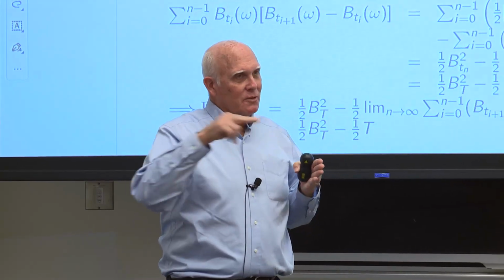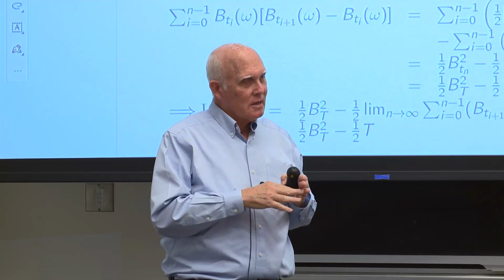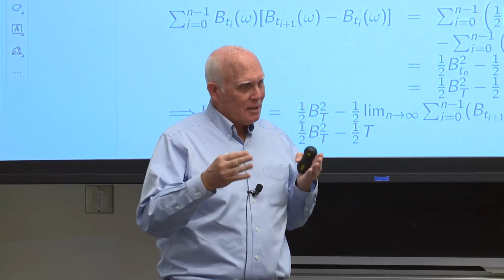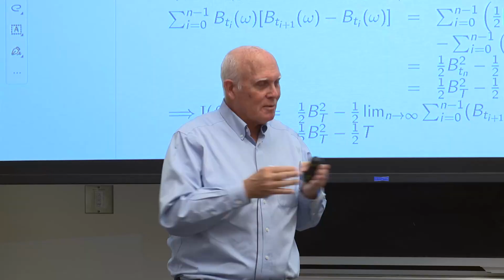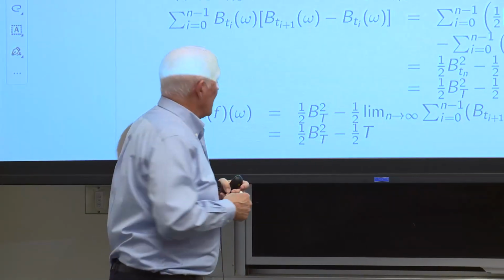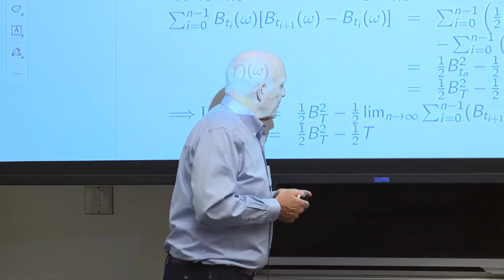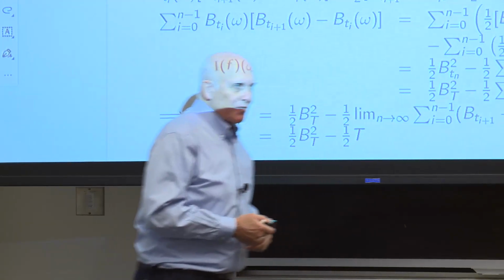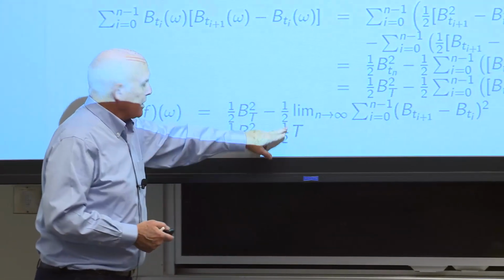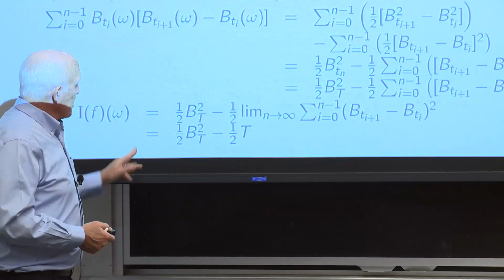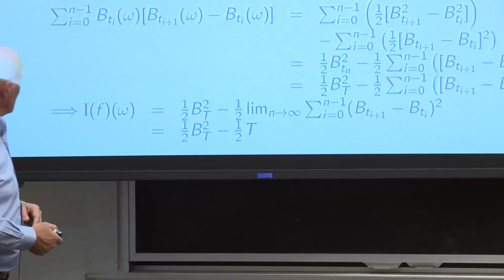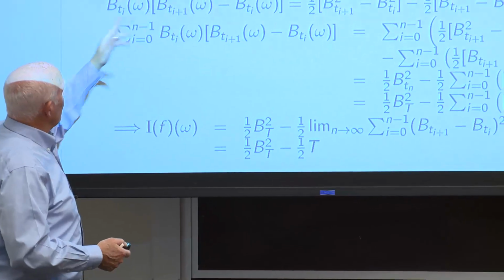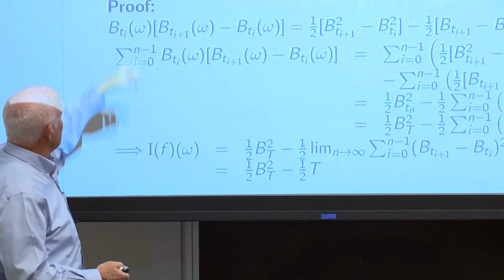If we look at the sum of squared values of increments and take the limit as the number of increments grows large and the partition gets finer and finer, then the limiting value of these sums of increments is equal to capital T. So this is our formula now for the Ito integral of b dbs.